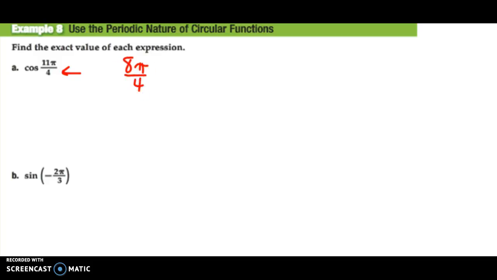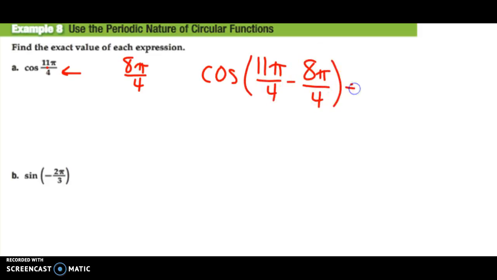That's a full rotation. So I have to take 8 pi over 4 away from 11 pi over 4. It's the same as 11 pi over 4 minus 8 pi over 4, which reduces to the cosine of 3 pi over 4.